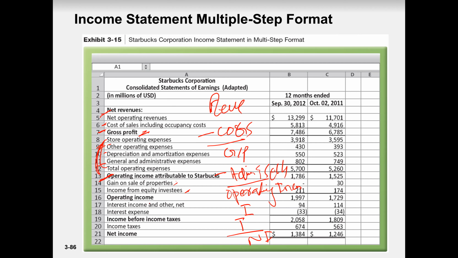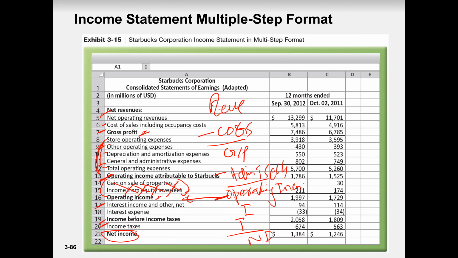We have operating income, because this one we study in advanced financial accounting, so I'm not going to repeat that one. Simple. Operating income, and from operating income you deduct interest and taxes, you find out net income.